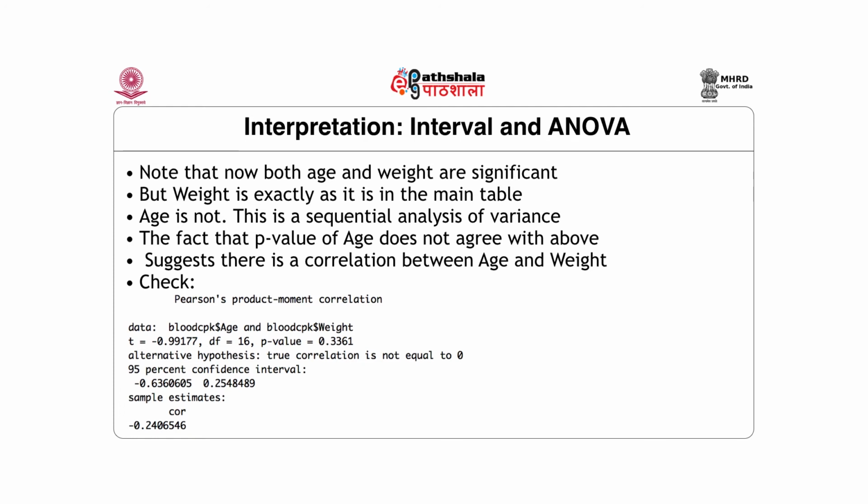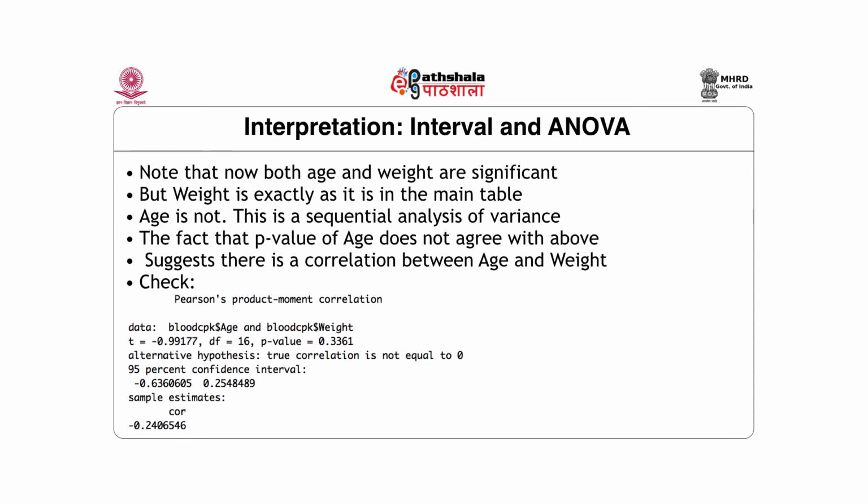And when we start putting age and weight into the ANOVA, we see that the weight is exactly as it is in the main table, because weight was the first variable that we had put into the regression model. Then we added age. So when weight is used in the ANOVA model and then the weight is estimated, at that point the regression coefficient or the significance values are very similar to the one that you get to see here.